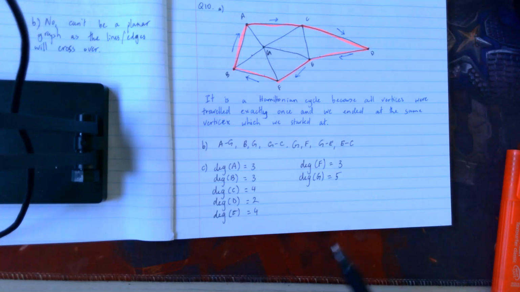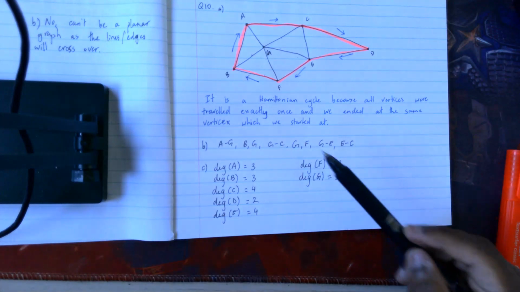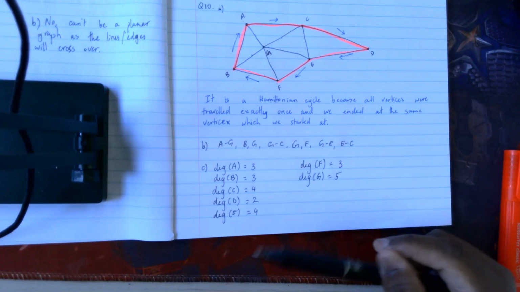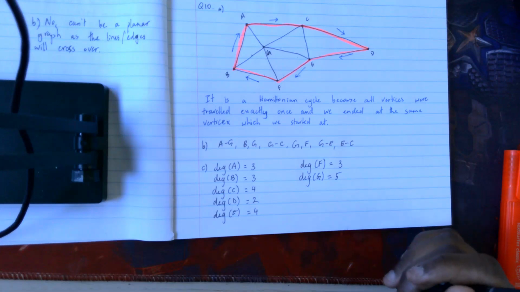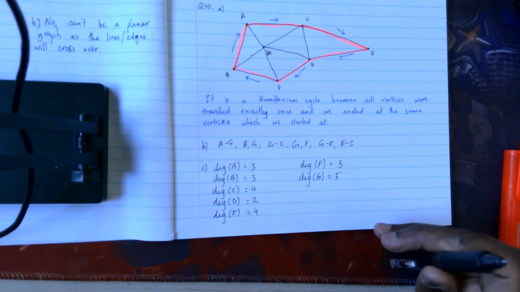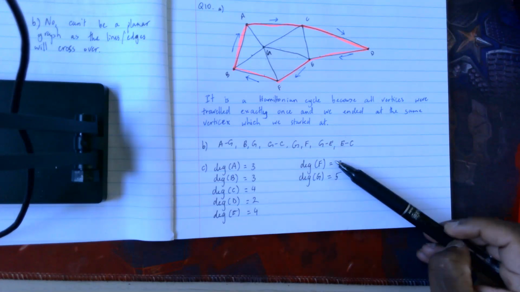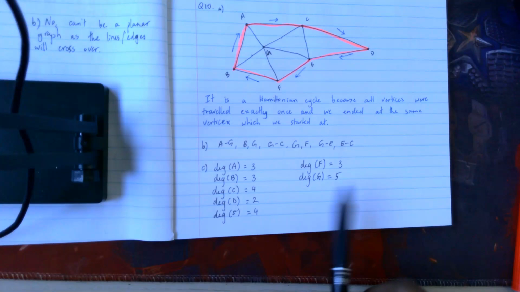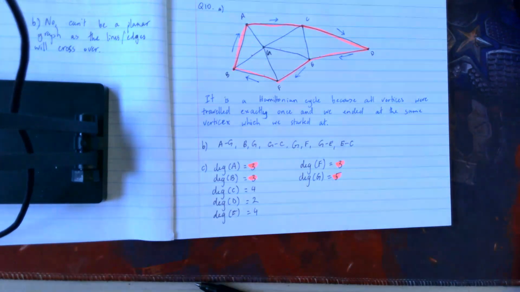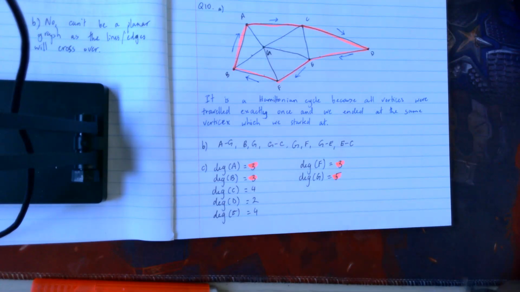So if we read this again, for an Eulerian trail to exist, all vertices must have an even degree. Well, we've got odd numbers, so that's not right. Or there must be exactly two vertices of odd degree. We've got 4 vertices with an odd number of degrees. So if I highlight them there, there's our 4 vertices with an odd number of degrees.